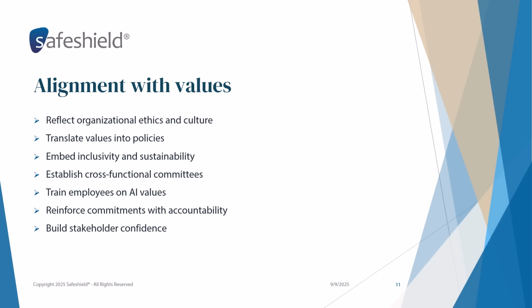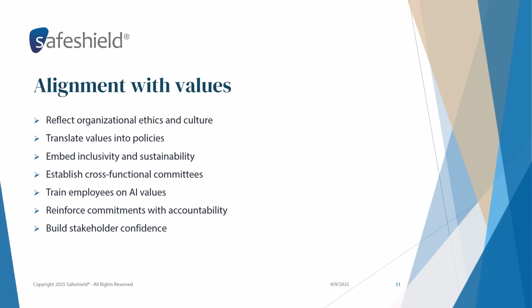When AI practices clearly reflect organizational values, it can be much easier to assess whether actions match commitments. Misalignment, on the other hand, can result in reputational damage and loss of trust. For example, an organization that claims to prioritize fairness but deploys biased algorithms faces credibility risks.